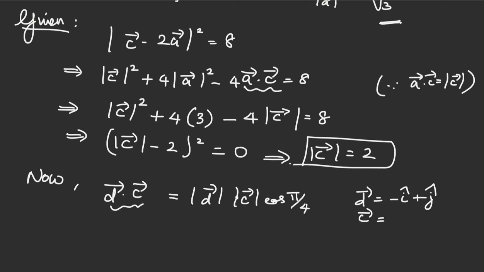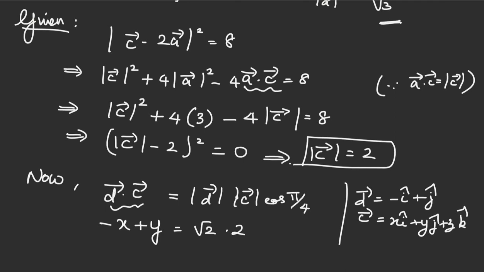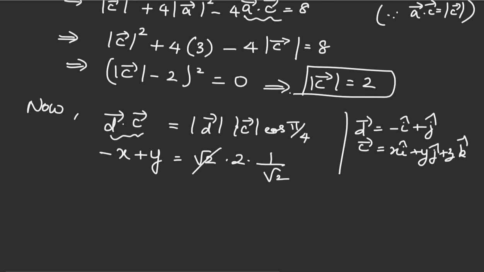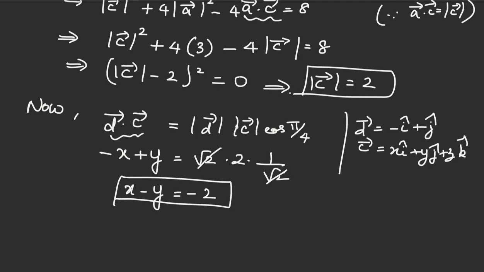Taking the dot product, we get minus x plus y is equal to modulus of D, which is root 2, times modulus of C, which is 2, into 1 by root 2. So I get the equation here as x minus y is equal to minus 2. That is one equation.